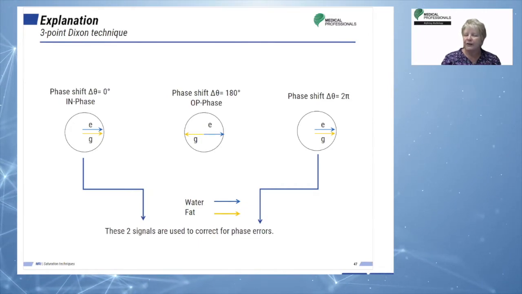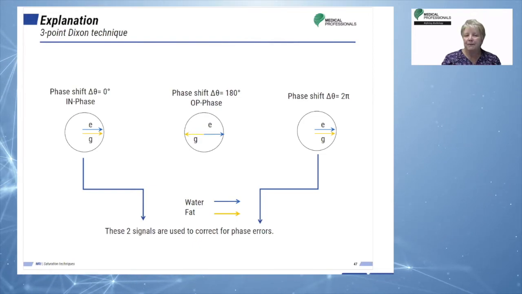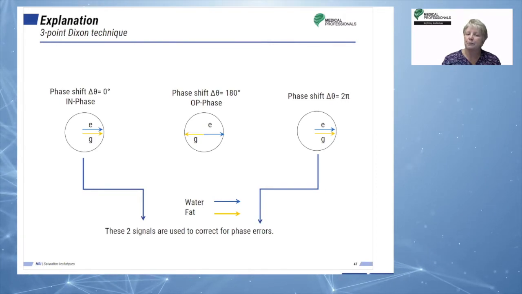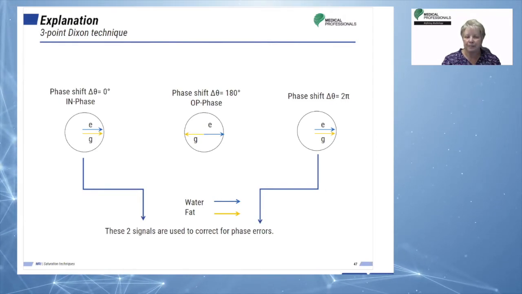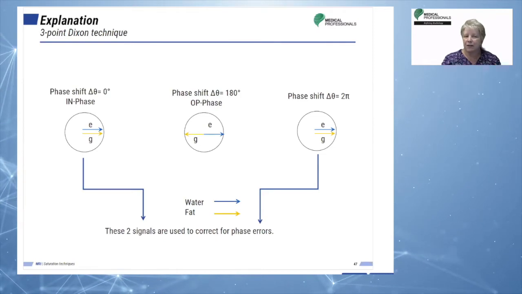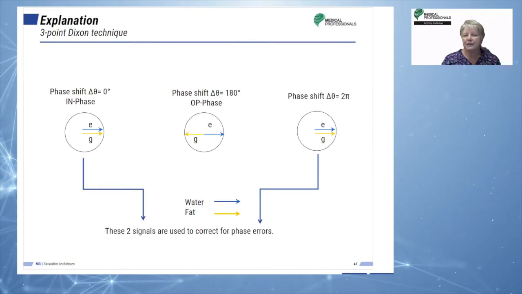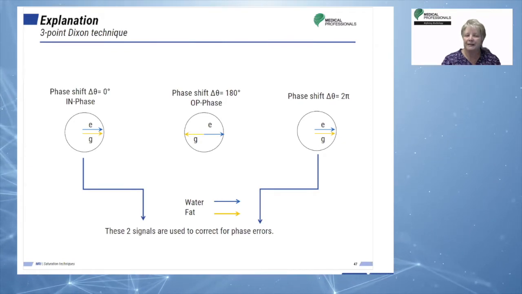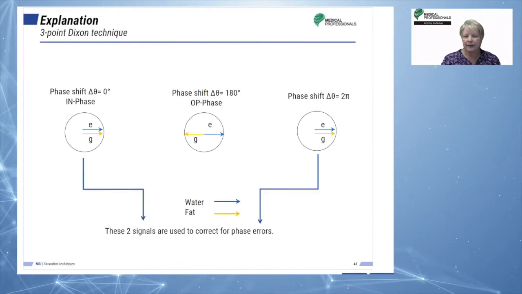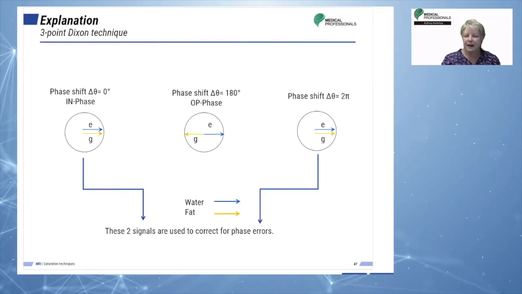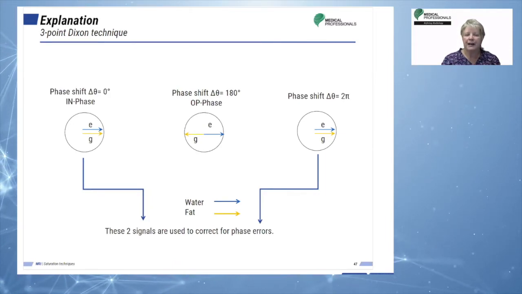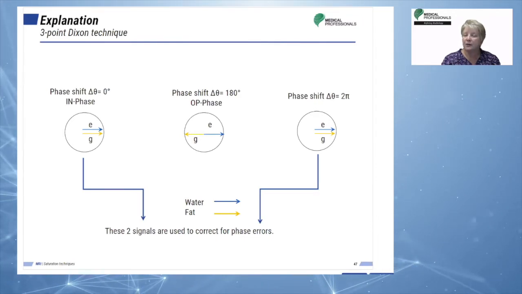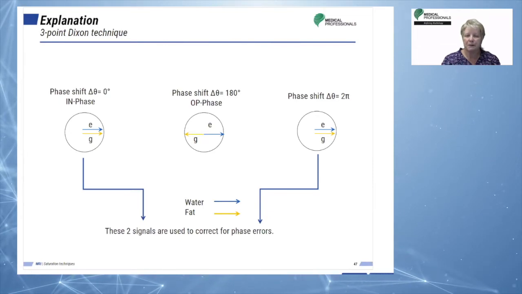The first and third images should have the same phase behavior, and any deviation from this will be due to B0 inhomogeneity. The phase error can be determined from these 2 images, and the correction is applied to in-phase and out-of-phase images. These corrected in-phase and out-of-phase complex images are then added and or subtracted to get fat and or water suppressed images respectively.